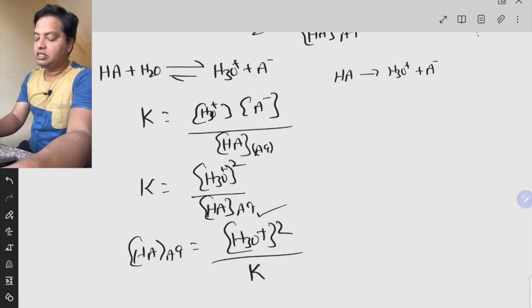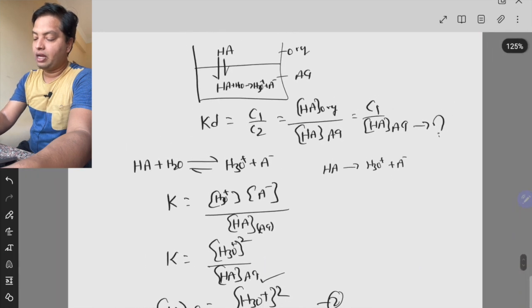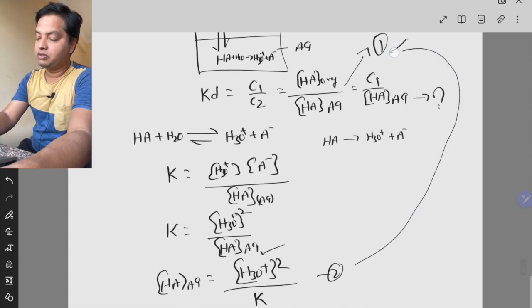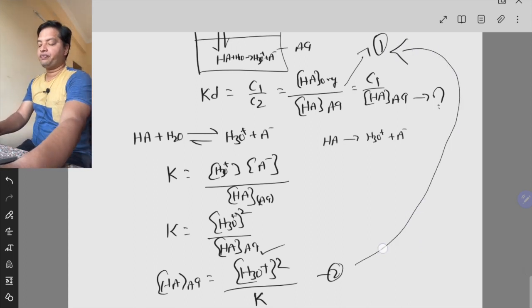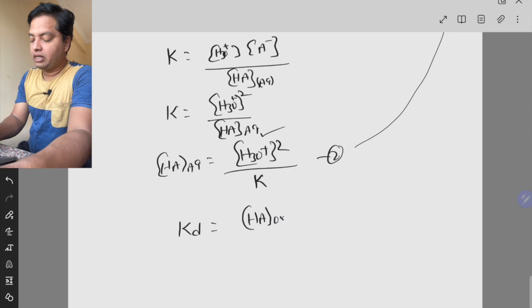So, assume this equation as 2 and assume this equation as 1. Substitute 2 in 1. This equation has to be substituted in this equation. So, how will it come? Kd is equal to HA concentration in organic layer divided by HA concentration in aqueous layer.